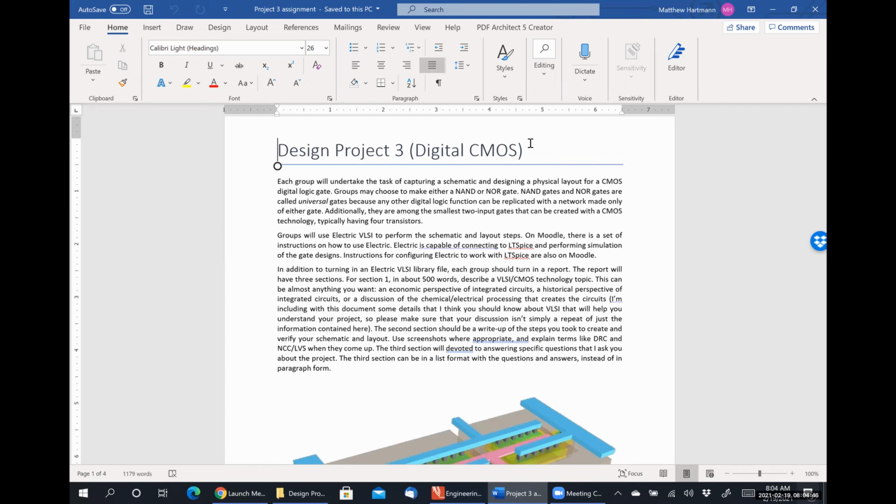So let's see what we got in chat here. All right. So any questions with regards to design project number 3? Let's just use Electric VLSI to create a NAND gate or a NOR gate and do proper simulations as are necessary.